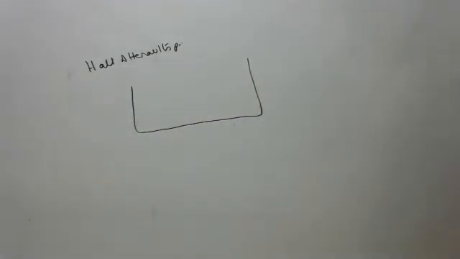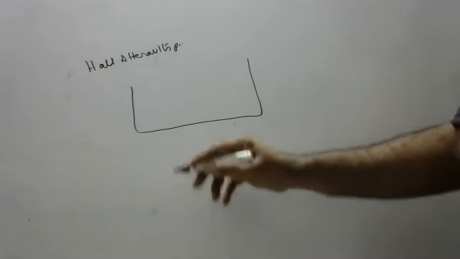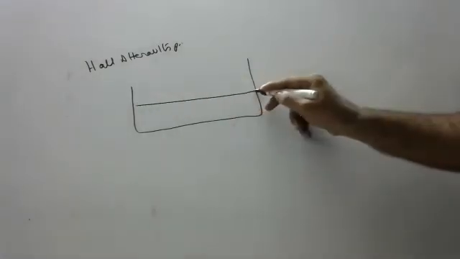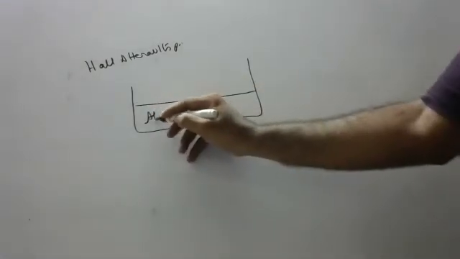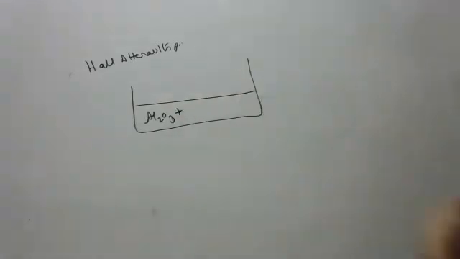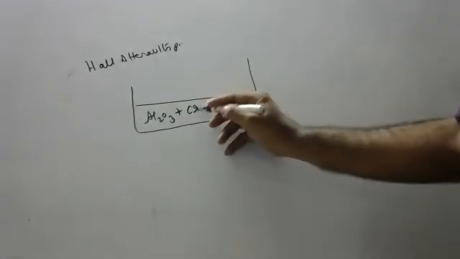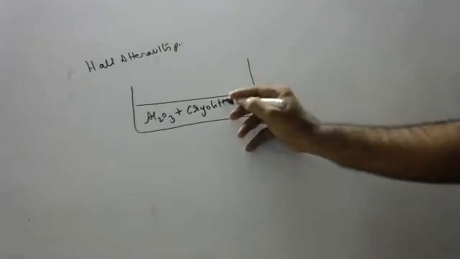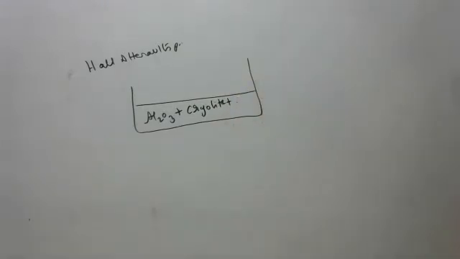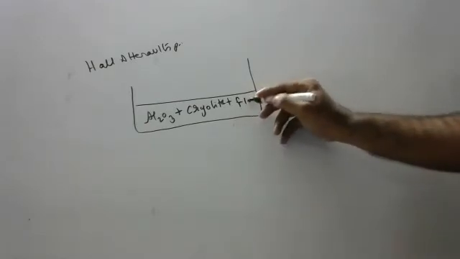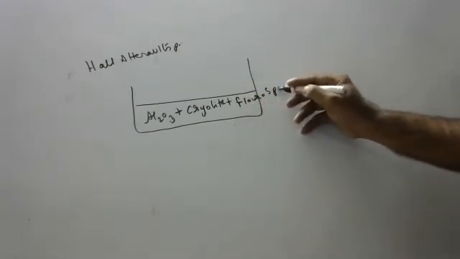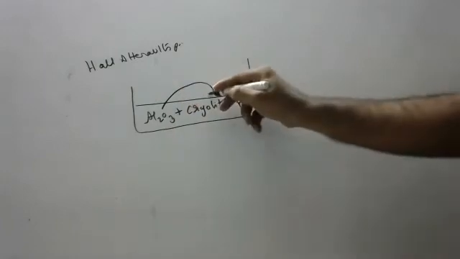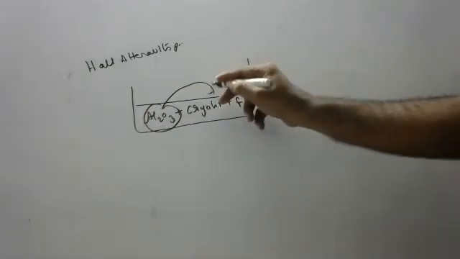In the electrolytic tank, along with the alumina, we will add some cryolite. What is cryolite? I will tell you. Along with the cryolite, we will add some fluorospar. Then you will ask, sir, why along with the alumina should we add cryolite and fluorospar?